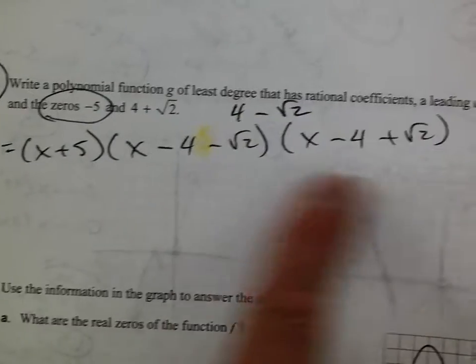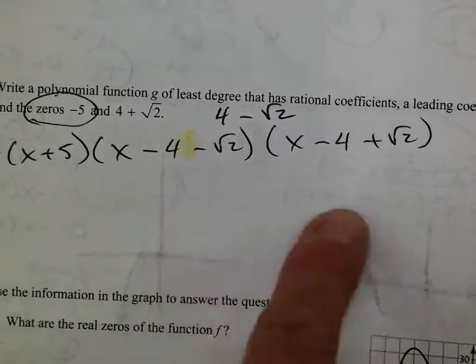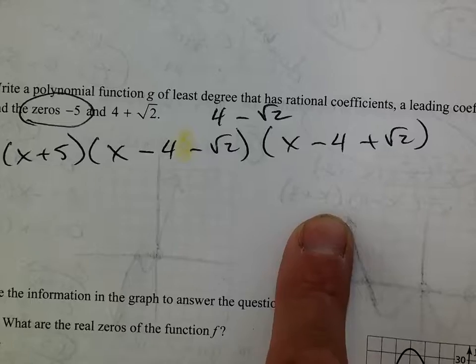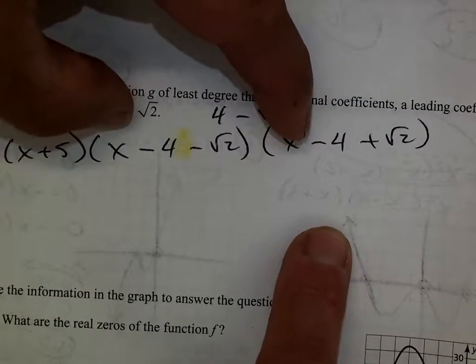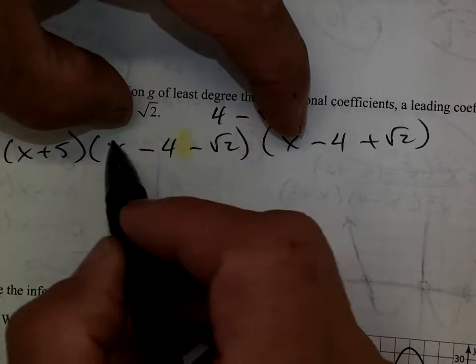That's not a very good looking thing, is it? Do you mind if I fix this? It's a terrible answer, okay? So let's see what happens if I FOIL this.